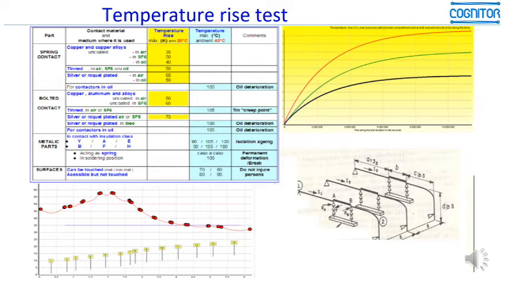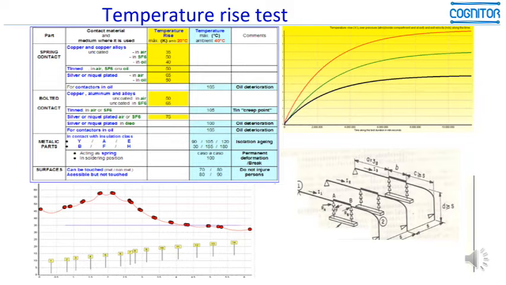Let's say the most influencing aspect of the design for most of the equipment is to attend the requirements of temperature rise. And in the temperature rise test, what we do is to apply the maximum currents which will be used by the equipment. We generally call these the rated normal currents.